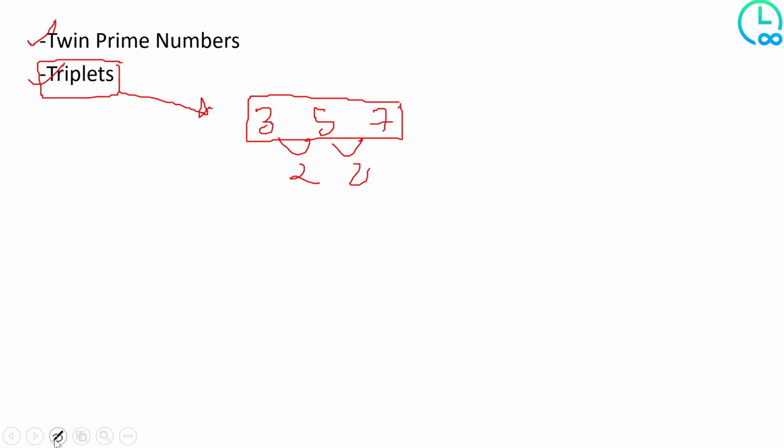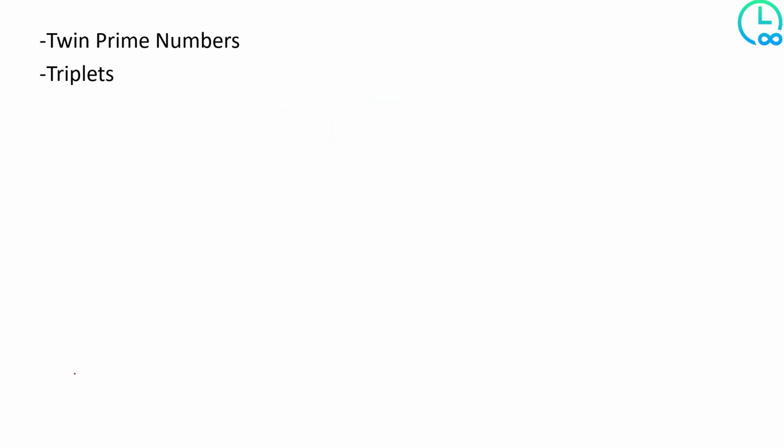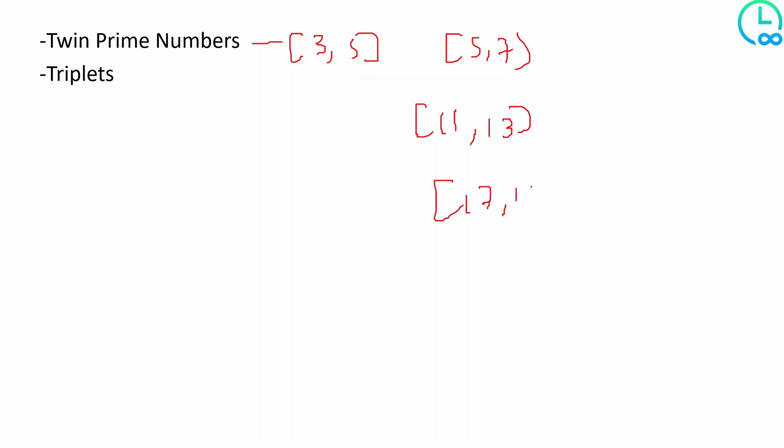Twin prime numbers are pairs of prime numbers with a gap of 2, like 3, 5, 5, 7, 11, 13, 17, 19. So there are so many twin prime numbers, but the triplet is only one. I hope you will remember this part.